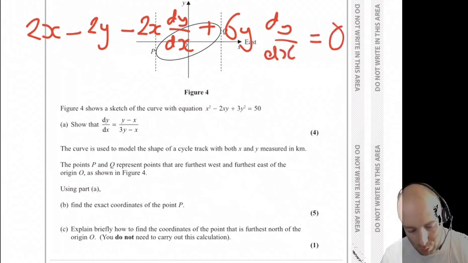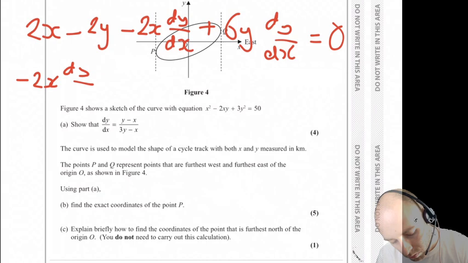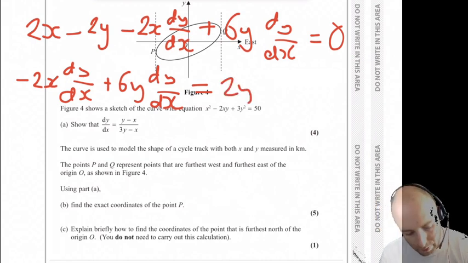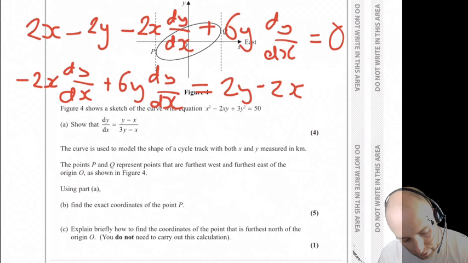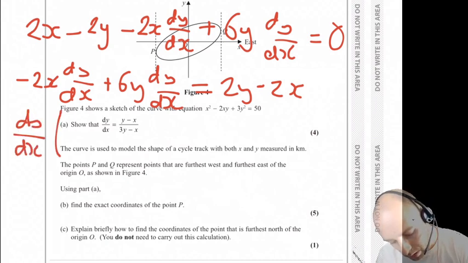So factorize out dy dx and rearrange. So if I put everything on the other side, so it's that. Factorize out, so dy dx times minus 2x plus 6y.